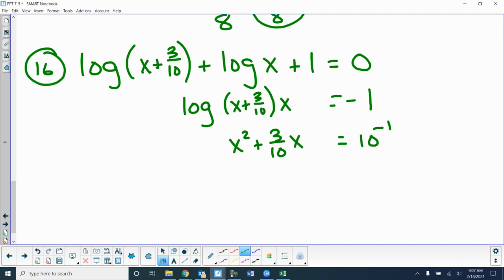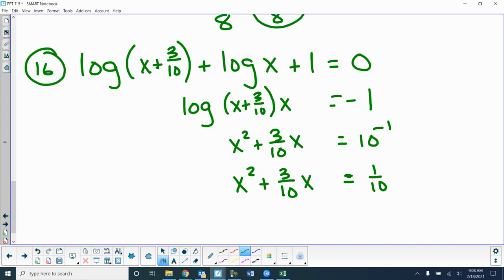I just distributed, okay? So what is 10 to the -1? Come on, you should be able to tell me that. Yeah, 1/10, right? What's the negative exponent do to our base? Reciprocal. So what's reciprocal of 10? 1/10. You with me? Yes. You guys know that, right?